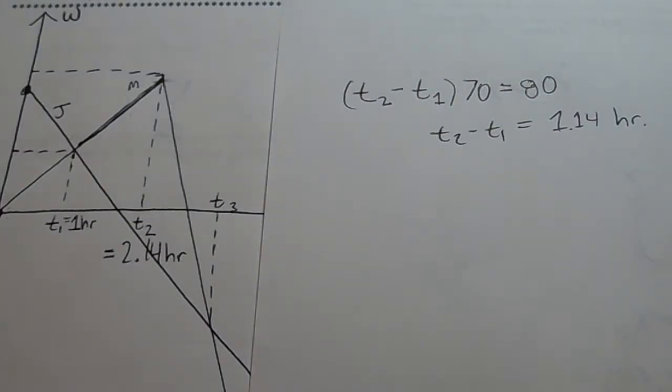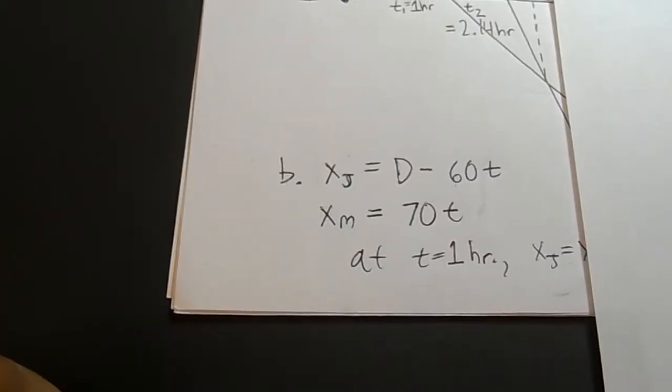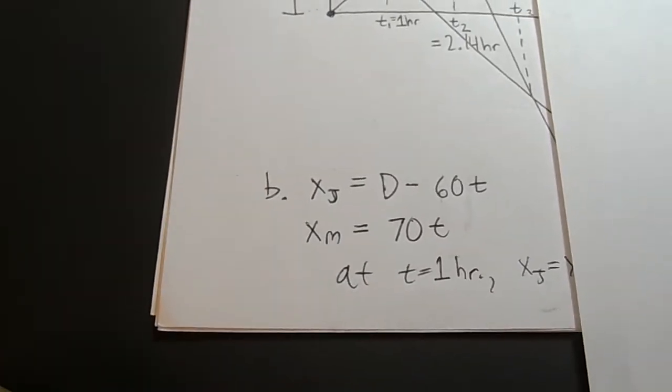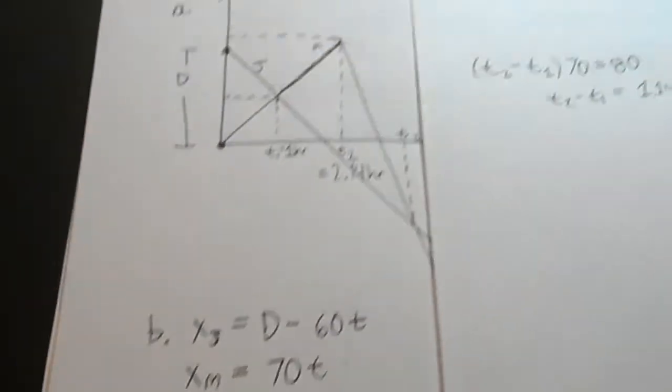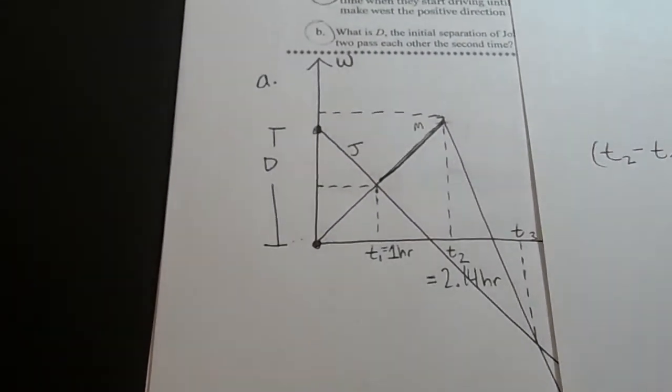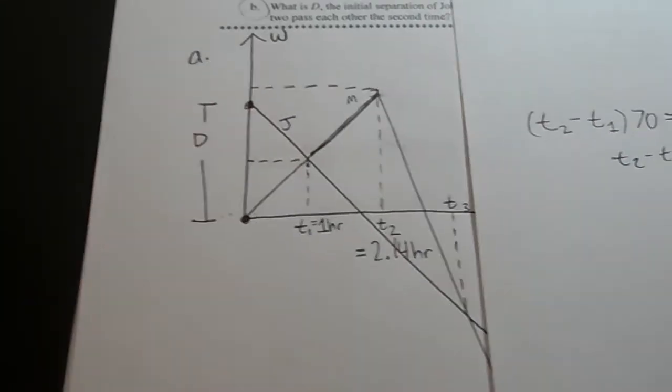Okay? And next, finally, I need to find what T3 is. In order to do that, I need to write an equation for Meg's position and John's position as a function of time, noting that now the equation has changed. I can no longer use the ones that I used originally because Meg changed directions. Now, actually, I can use the same equation for John's motion because his motion never changes. He never changes direction.